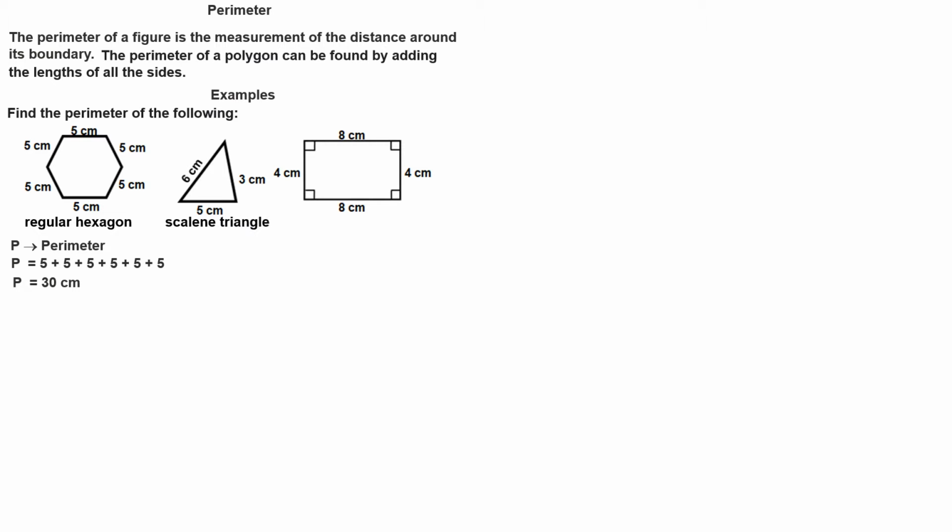The perimeter of a scalene triangle is the sum of all the sides. The perimeter of a rectangle is the sum of all the sides.